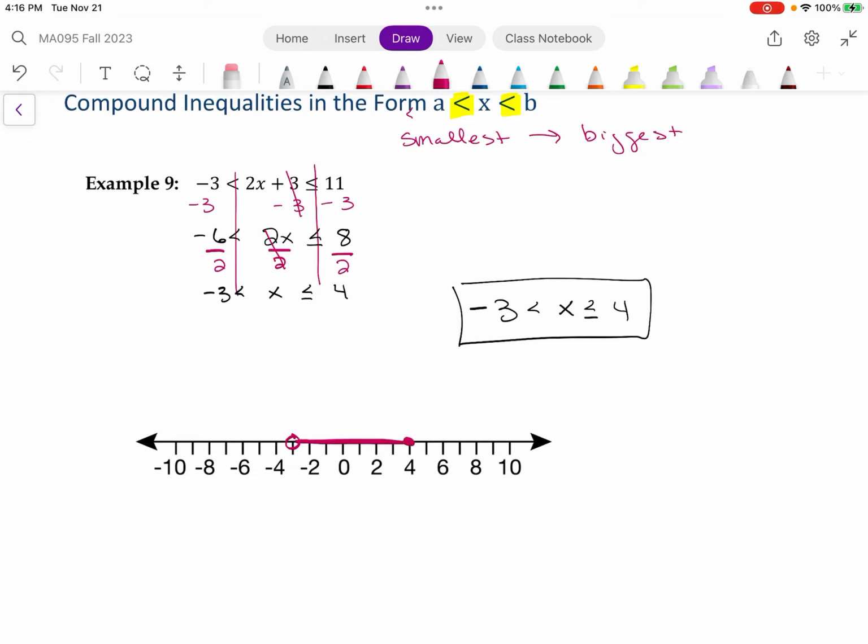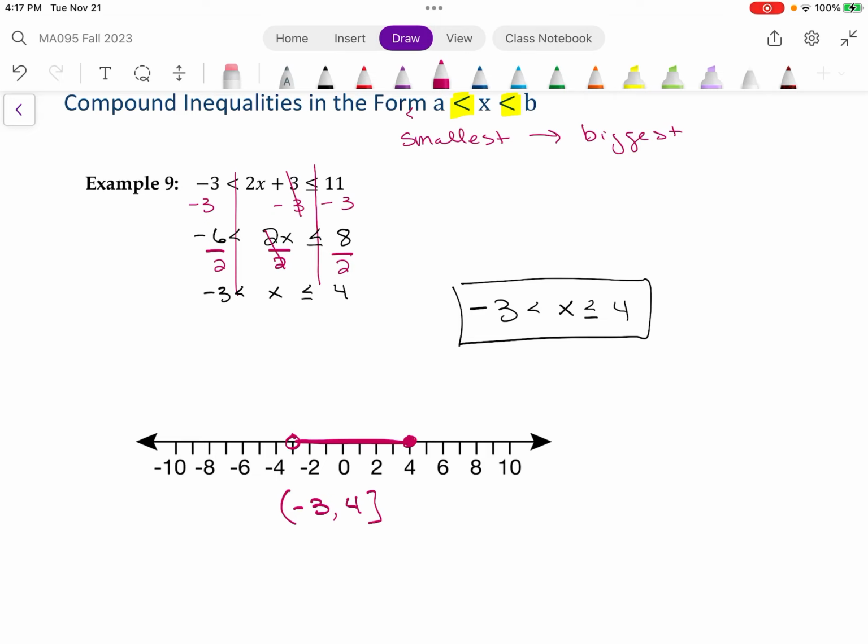So all those numbers are possible values for x that would make this inequality true. Anything you plug in to the x value right there would be true. All right, so how would we do this in interval notation? We would say negative 3 up to 4, including 4 but not including negative 3.